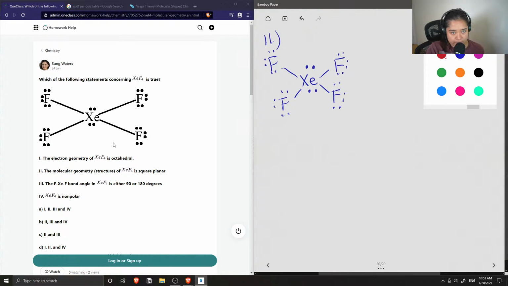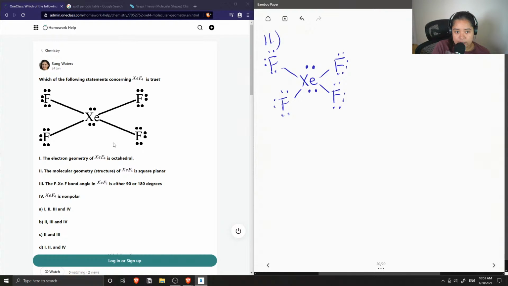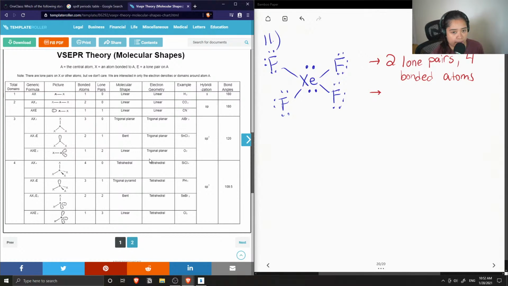Okay, so let's start off by counting the number of charge clouds on the central atom, which is xenon. By charge clouds, I mean the lone pairs and also all of the bonded atoms. We can see that the xenon contains 2 lone pairs, and there are also 4 bonded atoms. So using a VSEPR chart, we can find out its molecular shape and electron geometry.